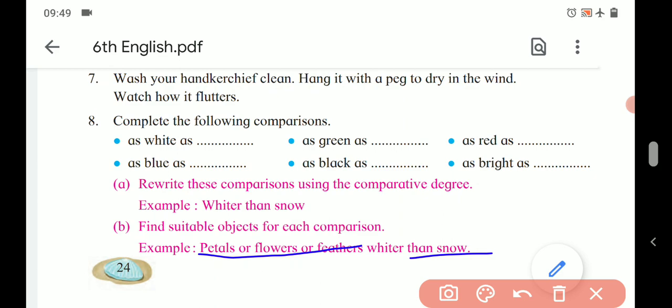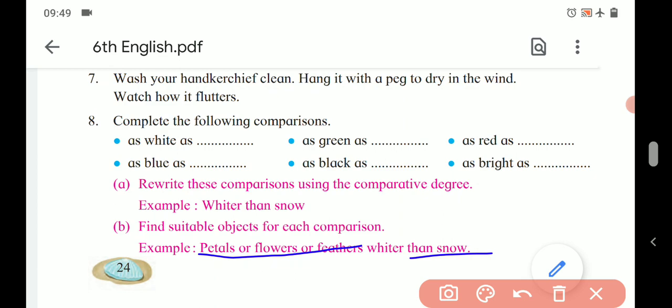Just like here it is given, petals are whiter than snow, flowers are whiter than snow, feathers are whiter than snow. The same way, grass and emerald, so we can say that emerald is greener than grass.